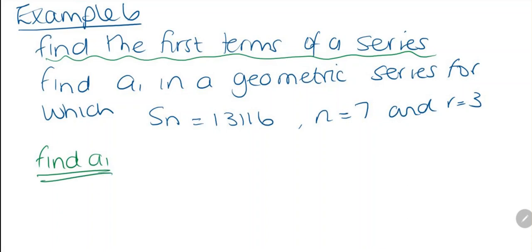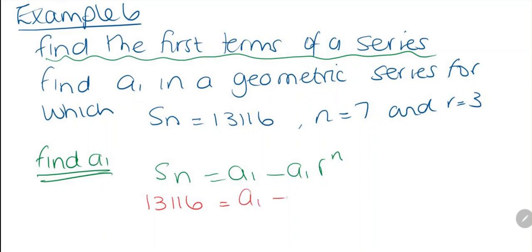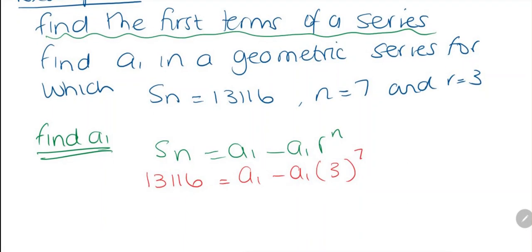We're going to use the formula Sn is a1 minus a1 r to the n, and substitute in the values we know. So we know that Sn is 13116. We don't know a1. We know the ratio is 3, and we know that we're raising to the power of 7 because n is 7.